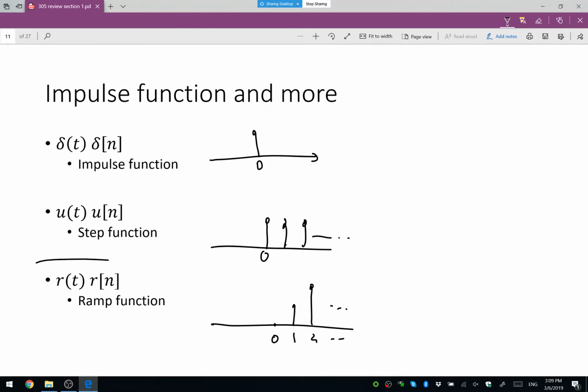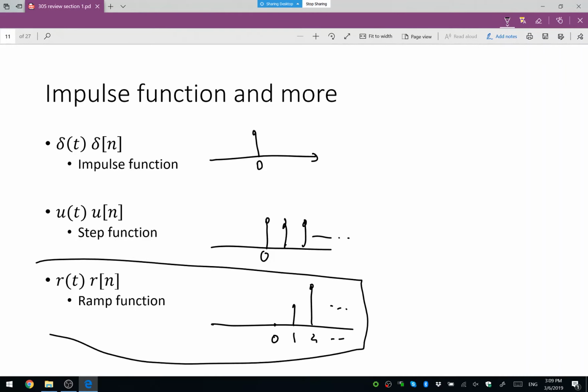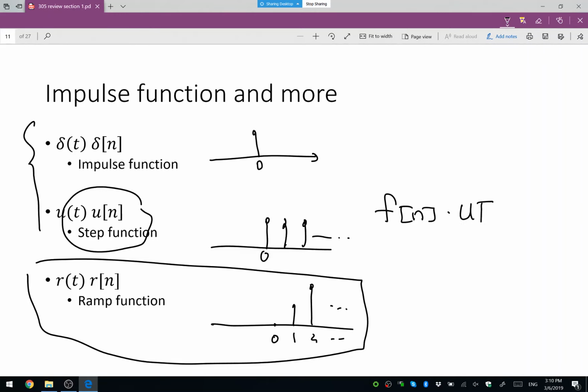So this one, maybe you are going to see that when you see Laplace transformation, but for now you are going to use that. Usually, we use the step function to select a non-zero range. If I have a signal f[n] and I multiply it by a step function, that means I want to cut some part of that signal to be 0.